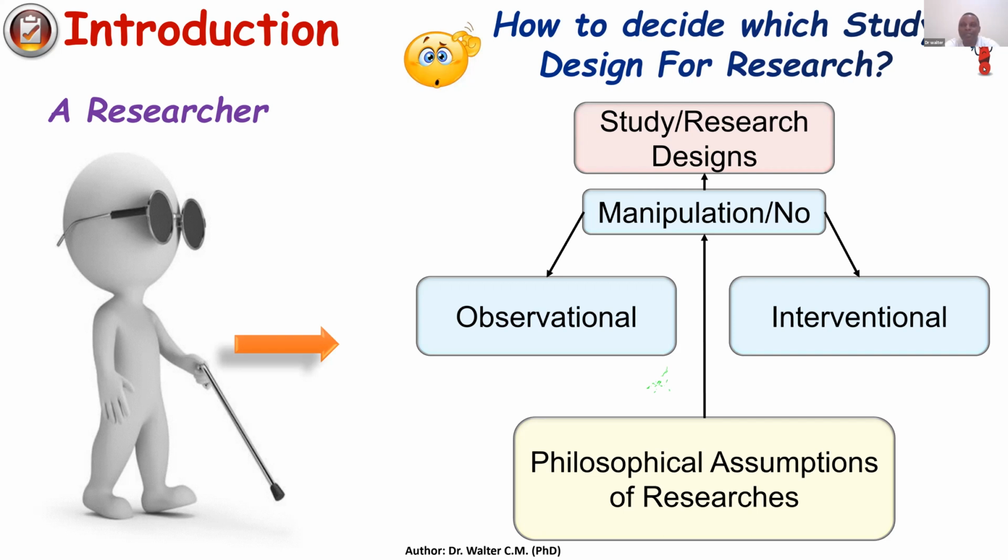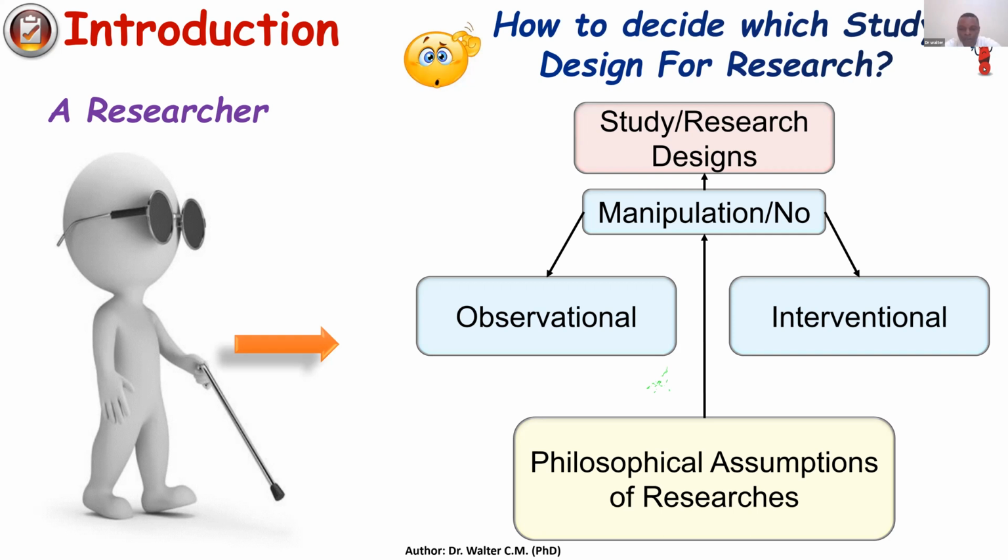Any researcher who wants to conduct research must first have a philosophy on the independent variable and the dependent variable, or input factors and the outcome variables for those doing interventional studies. So the philosophy that you have at the beginning, at the zero stage, is what determines where to go and how to go to reach the destination of your research.